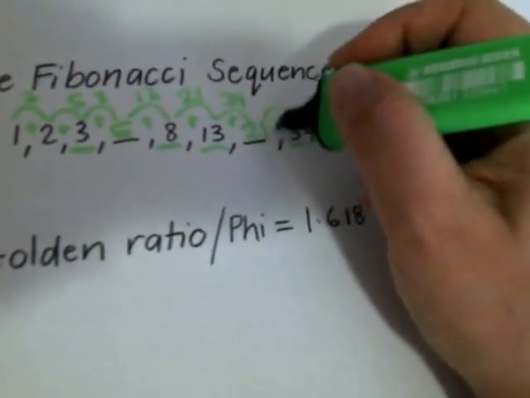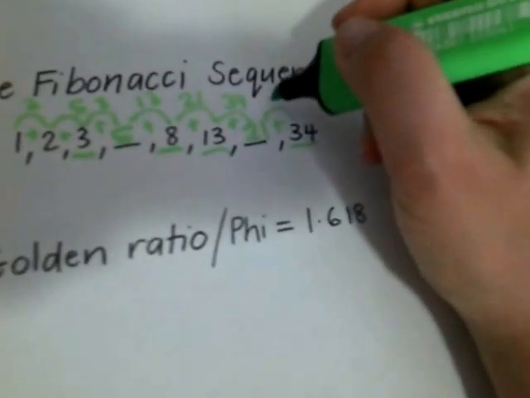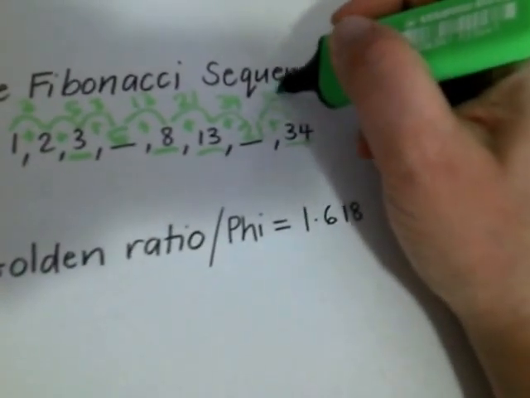And then we would have 21 plus 34 would be 55.